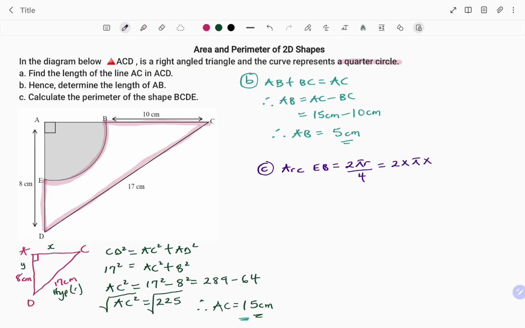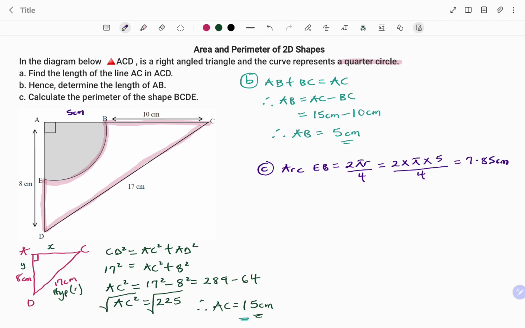If you go back to the question, we know that the length AB is 5 centimeters, which also serves as the radius of the quarter circle, so that I have that as r equals 5, divided by 4, and that will give us 7.85 centimeters.